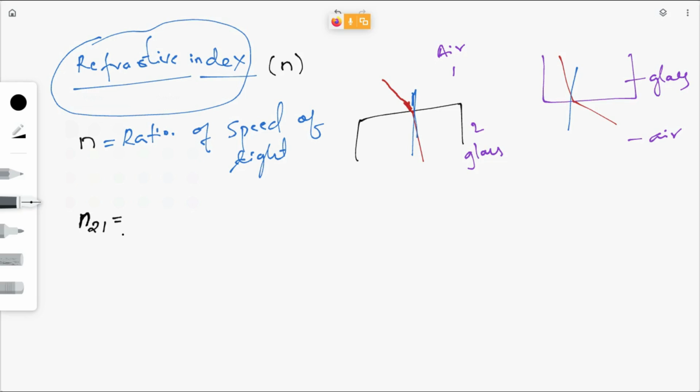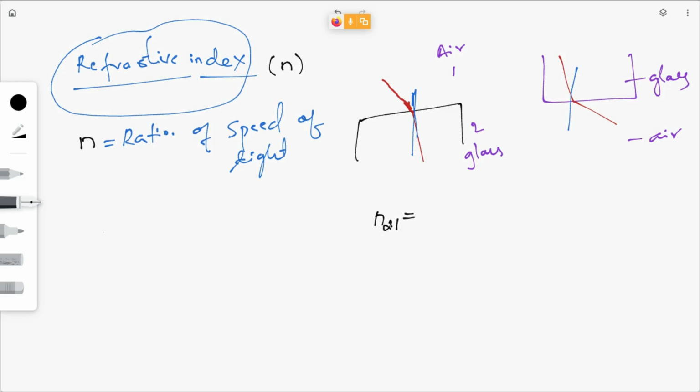Most of you will be confused with this: n21 is the refractive index of medium 2 with respect to medium 1.